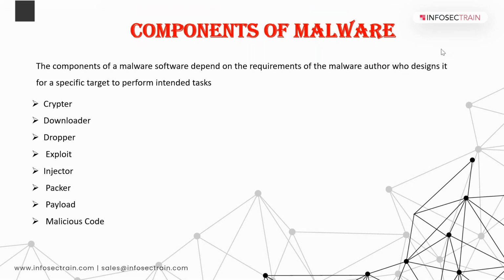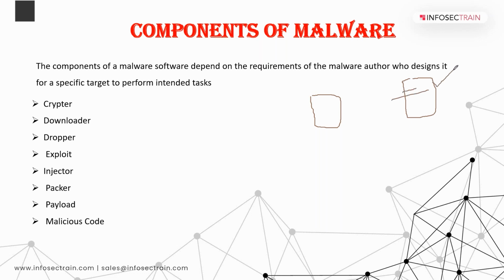The components of malware software depend on the requirements of the malware author, who designs it for a specific target. Let's say as an attacker I'm over here, and this is my target. I want to exfiltrate data from that particular system.